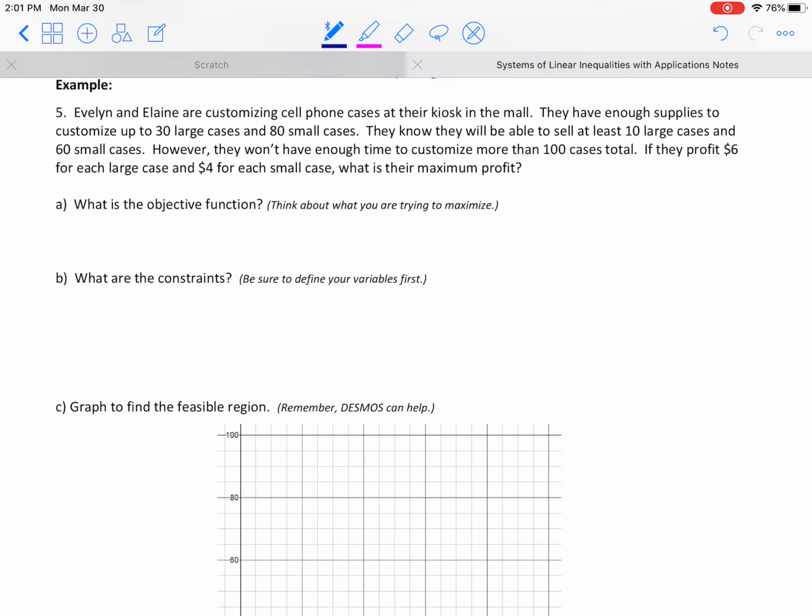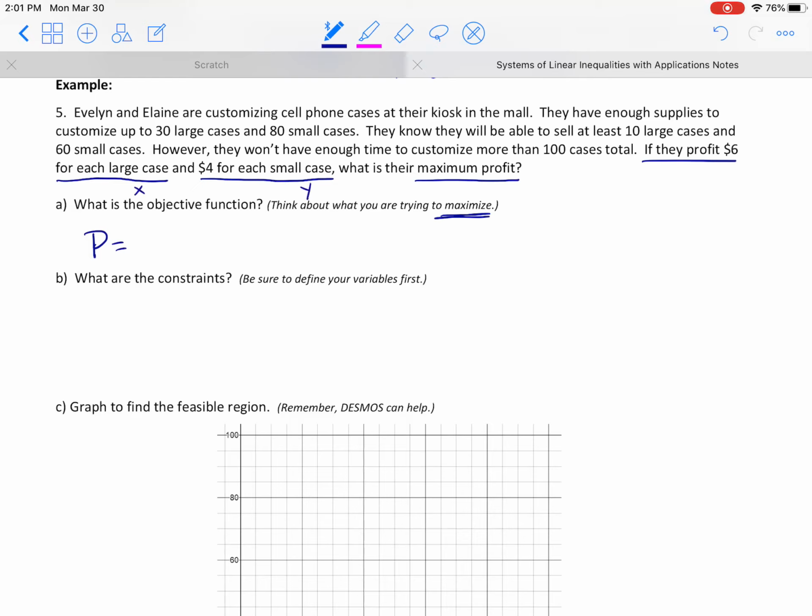So first we want to figure out our objective function. The objective function is what we're trying to either maximize or minimize, okay? So what are we trying to maximize in this case or minimize? Either one is going to give us our objective function. So in this case, we're trying to maximize profit, so our objective function is going to be for profit, okay? Now, what are we going to profit off? Well, it says we're going to be profiting $6 for every large case and $4 for every small case.